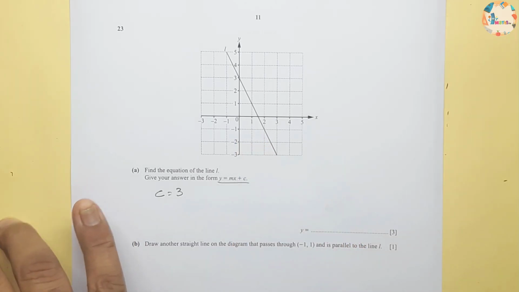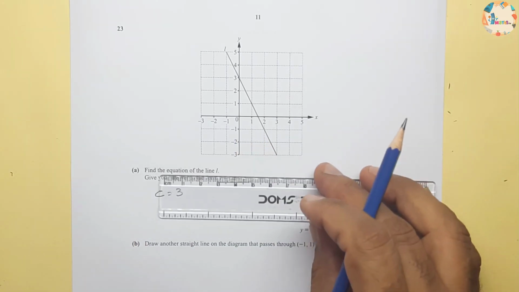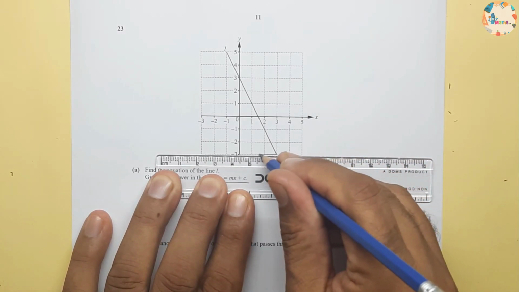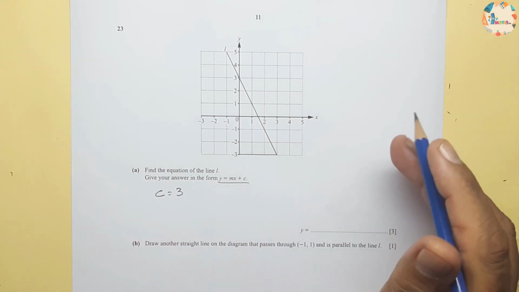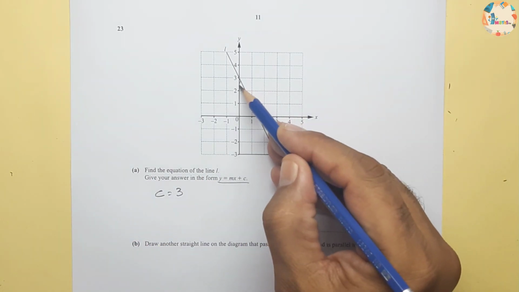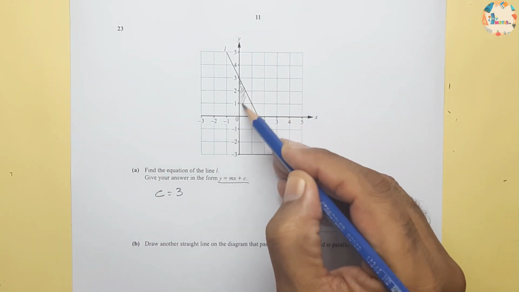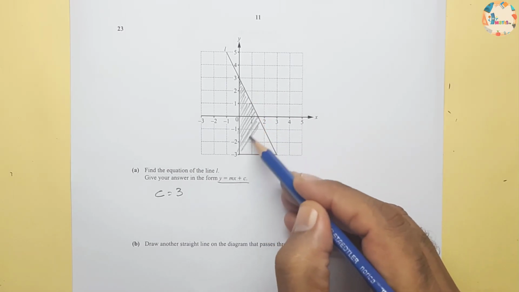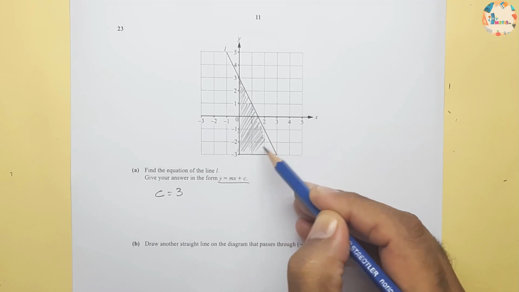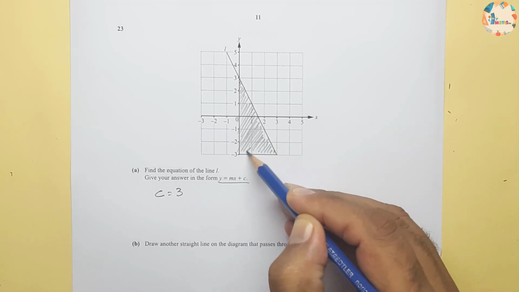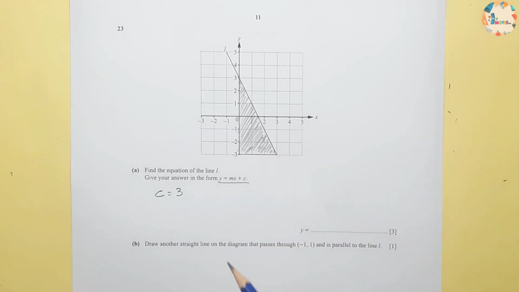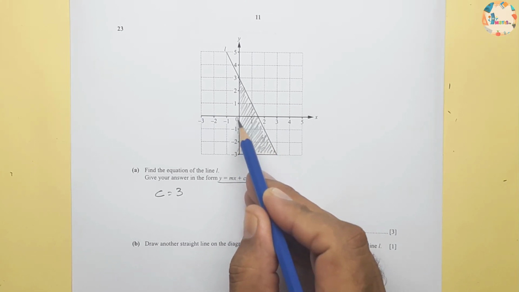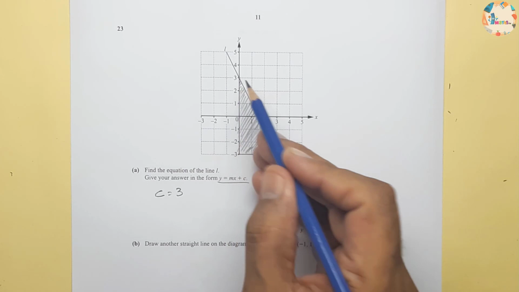So to find the gradient of this, we can use this line. At least you have to use half of the line to find the gradient, and I will be shading the triangle which we are using for gradient purpose. So this will be the triangle, and rise is from this one 1, 2, 3, 4, 5, 6 units.